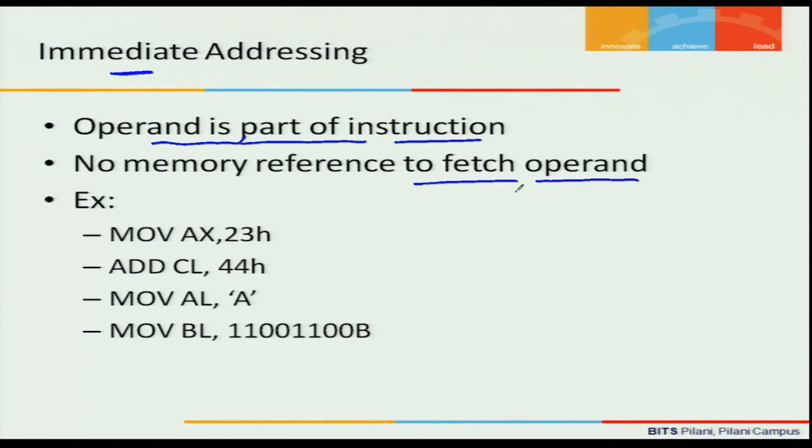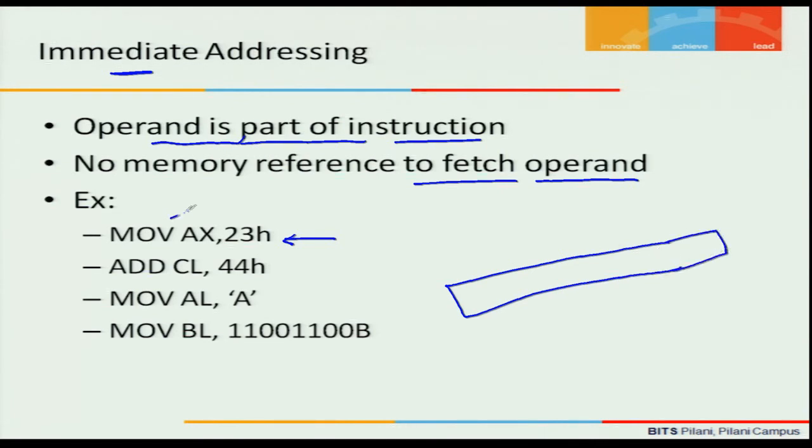So for example, take the first instruction here, which is MOV AX, 23 hex. The code for this instruction would have fields. I will have an opcode which tells me that I have a move operation to do.